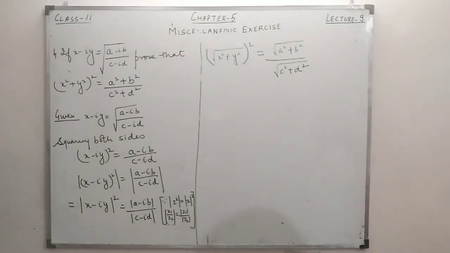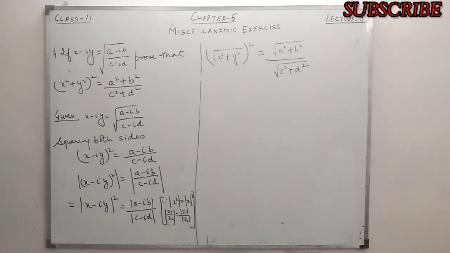Right? So everyone knows how to find the modulus. After that, see the result. What we have to prove? We have to prove that x square plus y square, the whole square, equals a square plus b square upon c square plus d square.